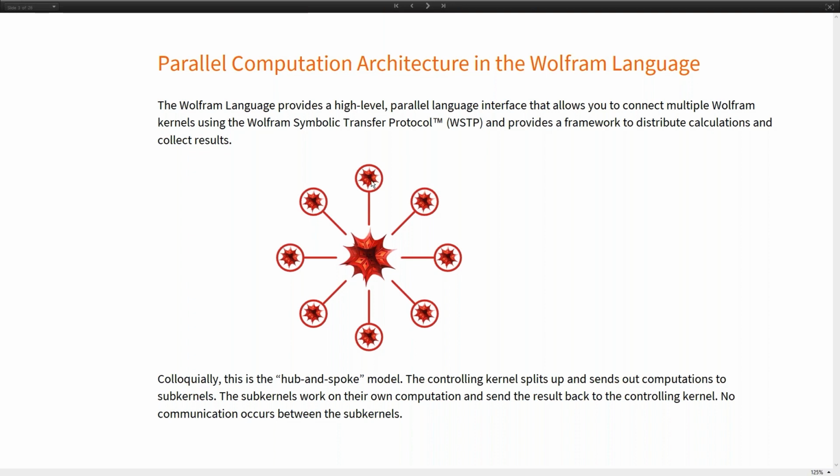The way these kernels communicate with each other is through the Wolfram Symbolic Transfer Protocol, or WSTP for short. If you've been with our product for a while, you might recall this had also been called MathLink. It's the same protocol that's used to communicate from the notebook interface to the Wolfram kernel. That same protocol is used to communicate kernel to kernel, or even kernel to external programs written in C or other languages.